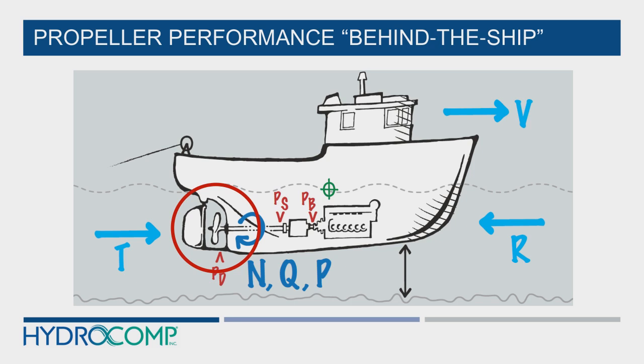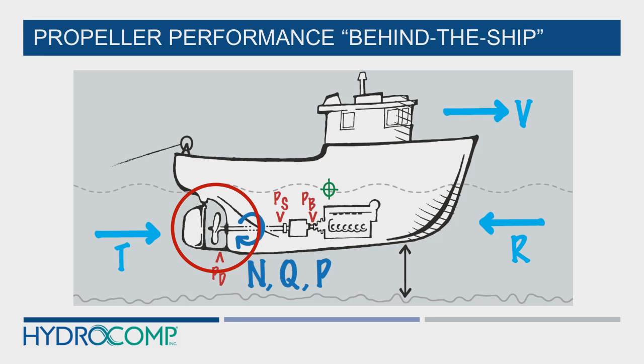Those of you who have shared webinars with us over the past year have seen this graphic frequently, so I'm going to continue to use it again. What we're looking at is to discuss the propeller performance behind the ship. You'll hear or read terms like behind the ship or on the ship as a way to describe a difference from an open water case, which we'll describe a little bit later.